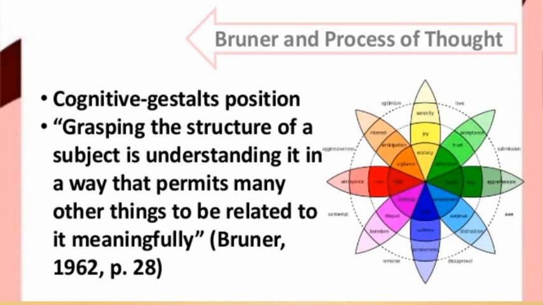Bruner and process of thought. Grasping the structure of a subject is understanding it in a way that permits many other things to be related to it meaningfully. That leads to Bruner learning.